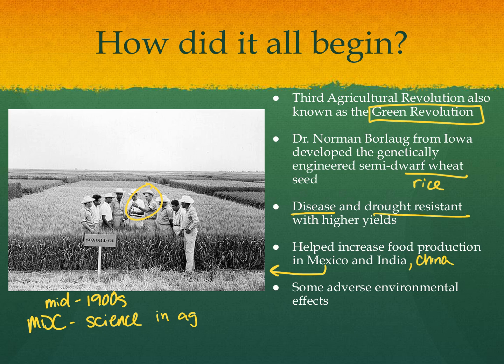You know how MDCs in general do things first, right? And then a little while later the LDCs come along and join on board. So that's what's happening in the LDCs. Their population is really starting to take off, and they're having a really hard time feeding their population, okay? They're having a hard time figuring out crops to feed everyone, and they're struggling with overpopulation and feeding their people.